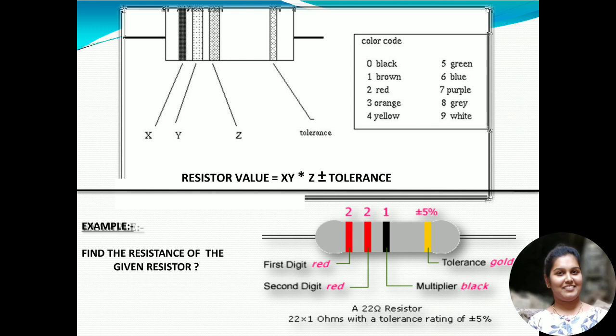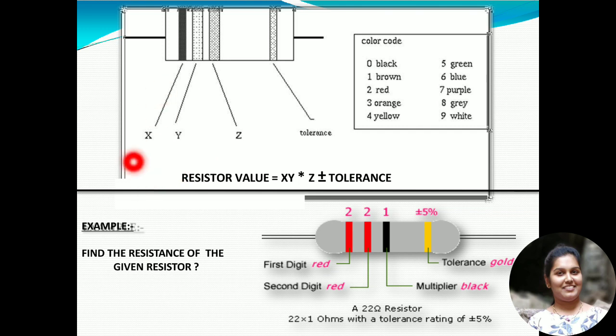As you can see on the screen, in general any resistor has 4 different colors printed on it. To calculate the value of a particular resistor, these four colors are nothing but bands: first band, second band, third band, fourth band.